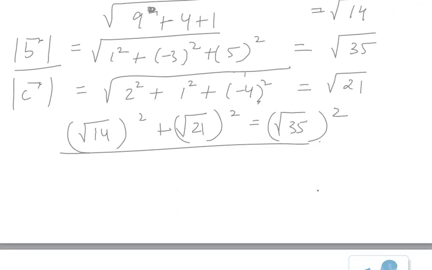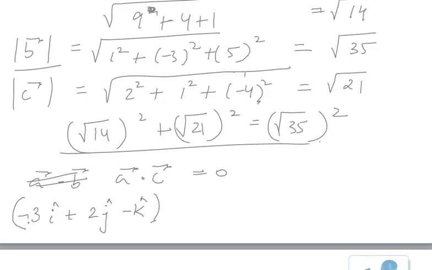The other way is that we take the dot product of A and C. Now we know that these two are mutually perpendicular, so A dot C should be equal to 0. Now let us do it. What is A? Minus 3 i cap plus 2 j cap minus k cap, dot product with C, which is 2 i cap plus j cap minus 4 k cap.